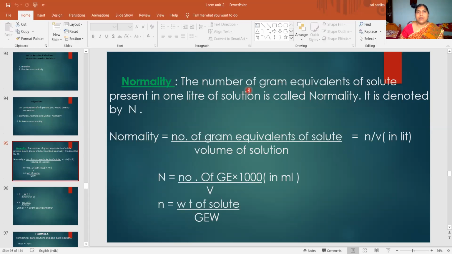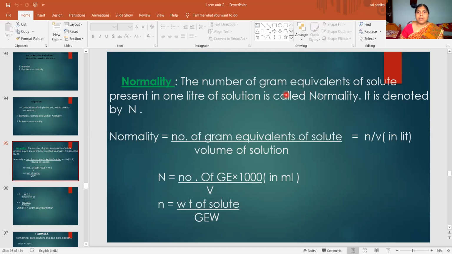The number of gram equivalents of solute present in 1 liter of solution is called normality. It is denoted by N. So once again, I will read the definition.